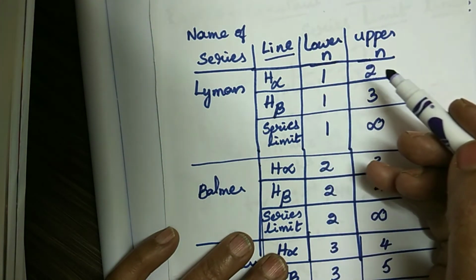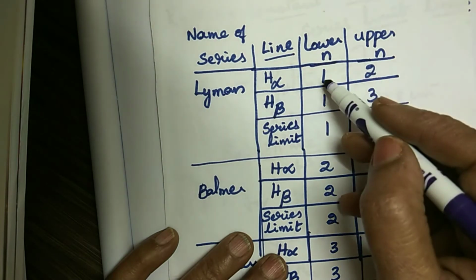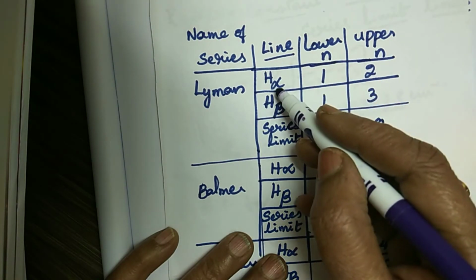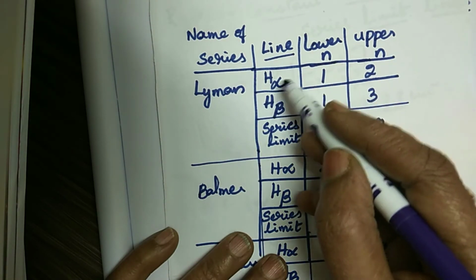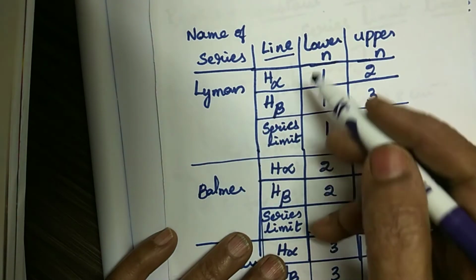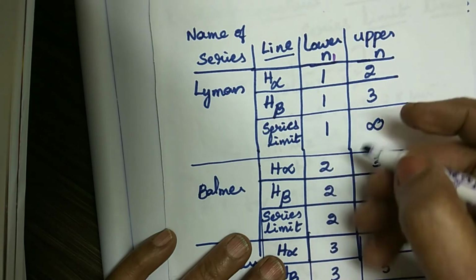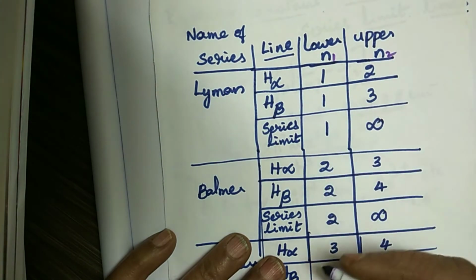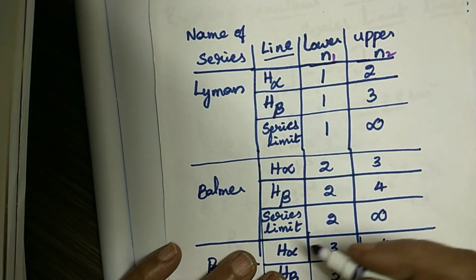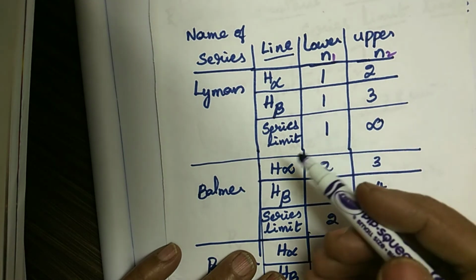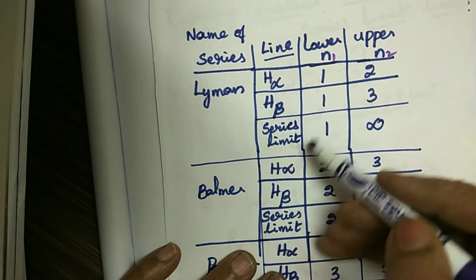If the electron comes from the second to the first principal quantum number, that line is known as the H alpha line in Lyman series. In Lyman series, the n1 value is constant, right? And the n2 value will be different for different lines. And the n1 value is 1 for Lyman series.